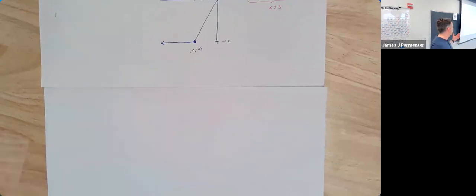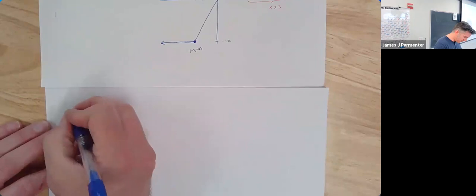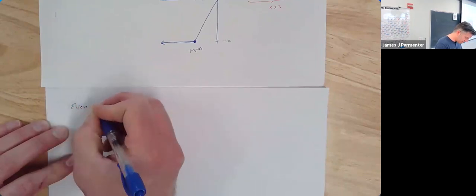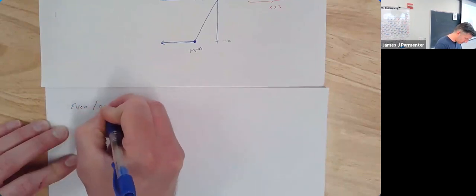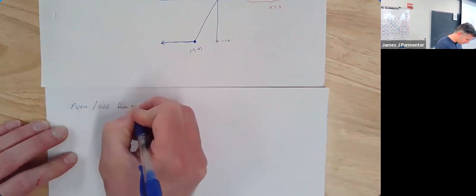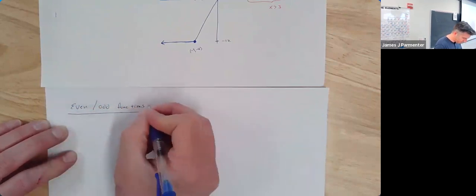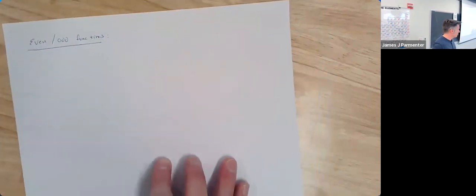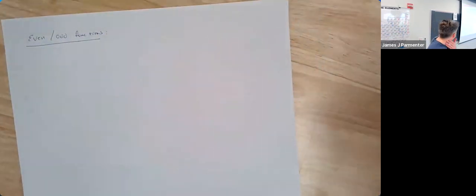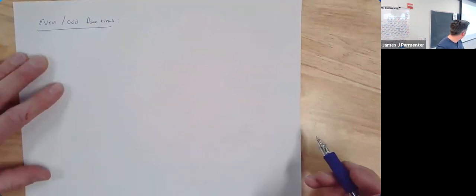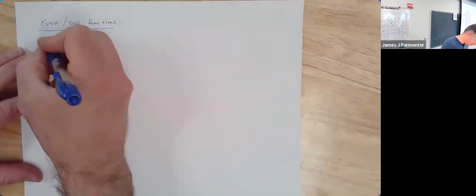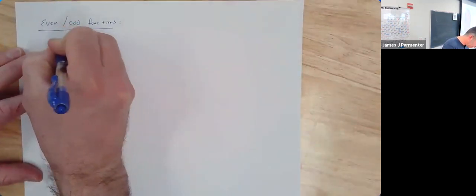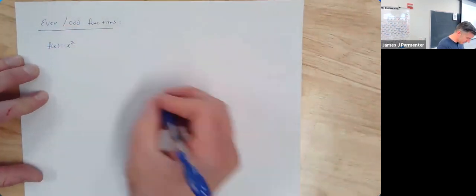So here's what I do. When I think about even and odd functions, I have a few favorite functions, as you do when you become a math teacher. You just have favorites. Like there's some that are better than others. And my probably favorite even function is the following: f of x equal to x squared is even.